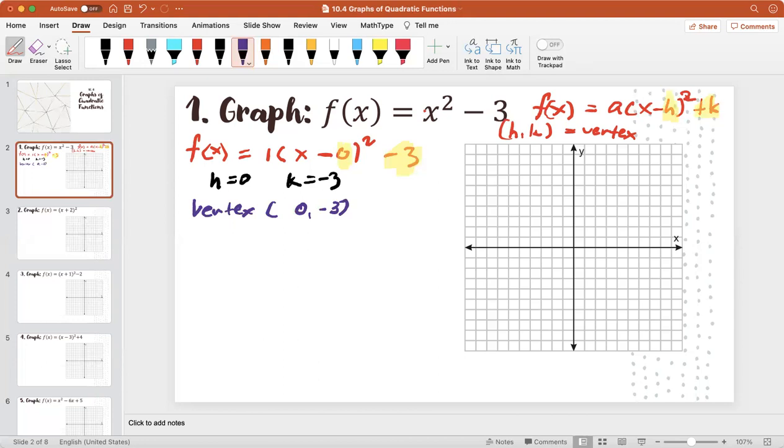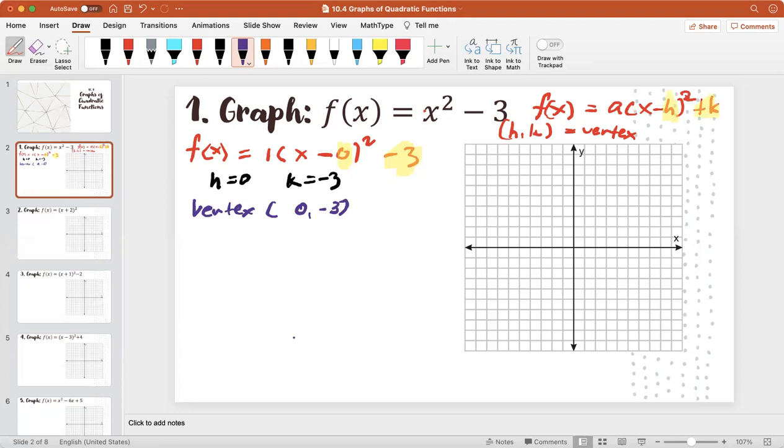Now let's find other points. When you factor, you can find the intercepts, but we cannot find the intercepts by setting y to 0, because x squared minus 3 is not factorable.